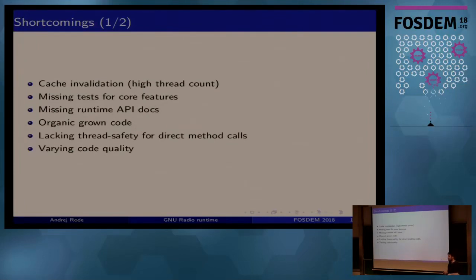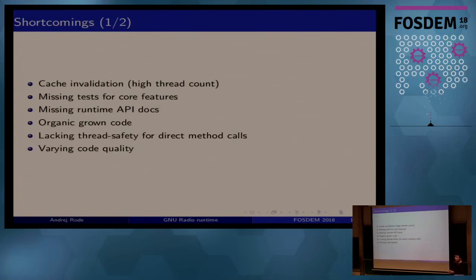So say you have 100 blocks doing stuff, and the thread per block scheduler will spawn a thread for each block, and then calling the work functions of each block, GNU Radio basically hands off the hard work to the OS, and the OS is then taking the threads and schedules them on cores and on hyper threads, and is passing memory around and arranging everything, which the OS is good at, but the OS doesn't have the information.